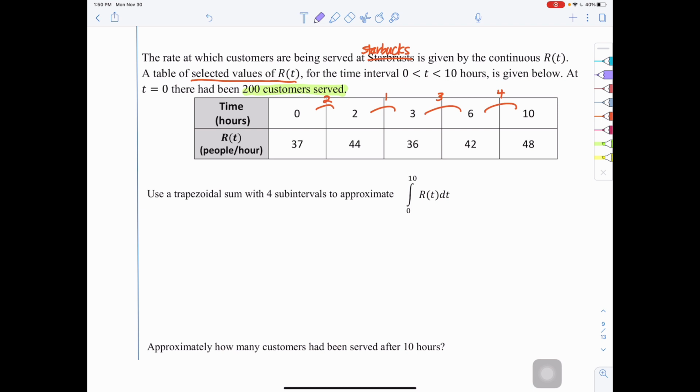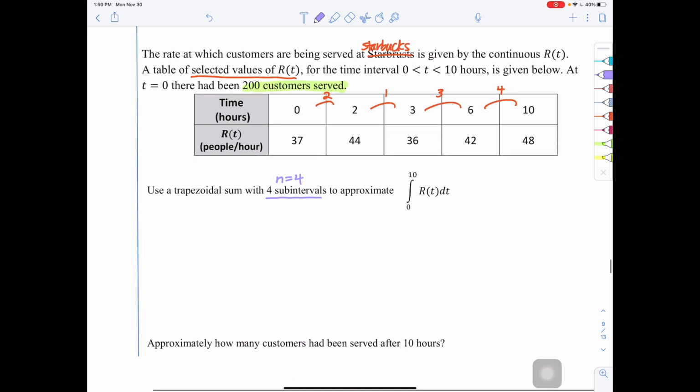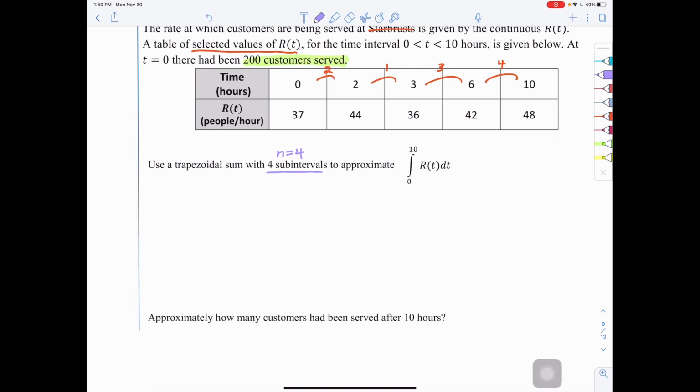Use a trapezoidal sum with 4 subintervals, so n is 4, to approximate the integral from 0 to 10. I want to really work on notation.